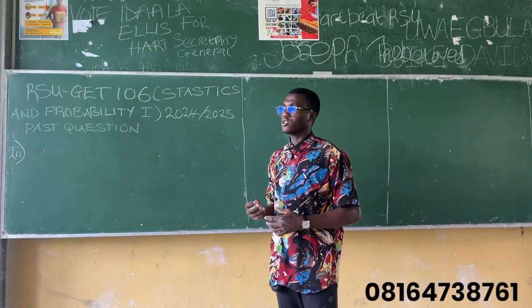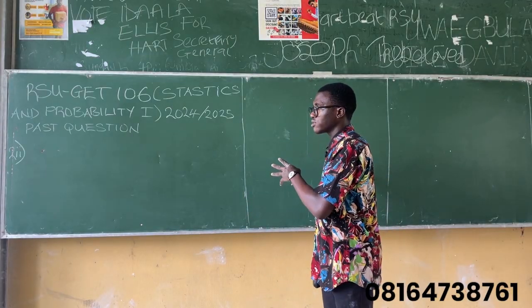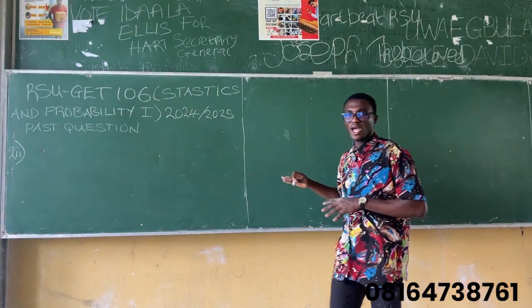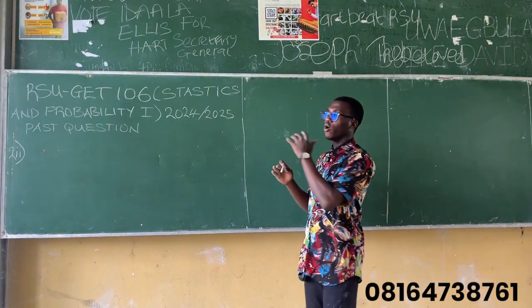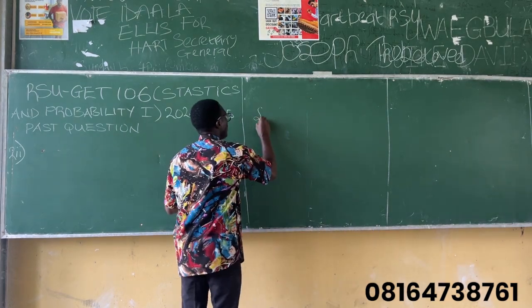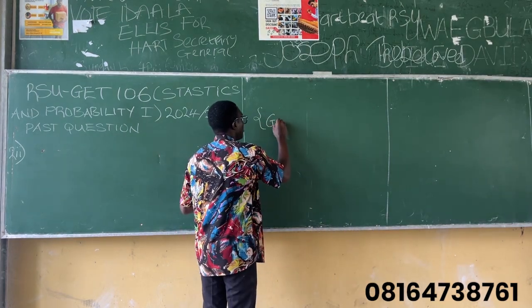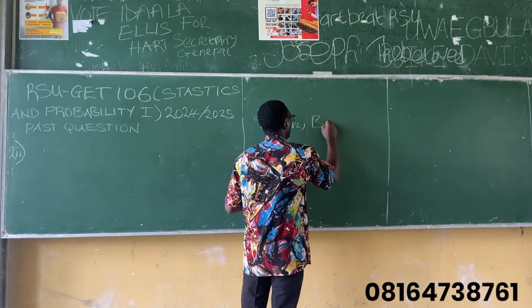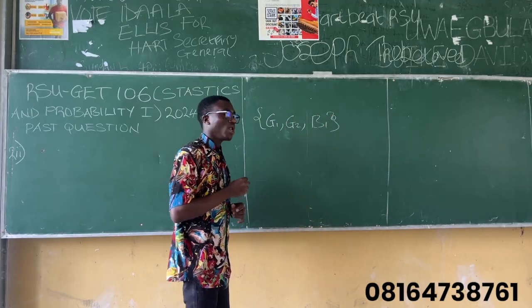Now, what this means is from the sample space, how many of the events outlined there have more girls than boys in them? For example, we had G1, G2, and B1 being a possible outcome.